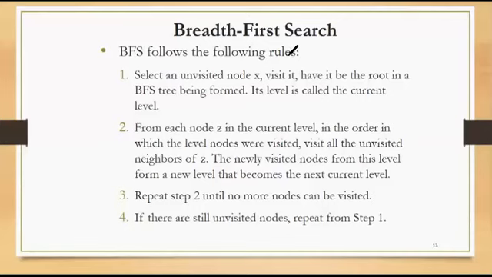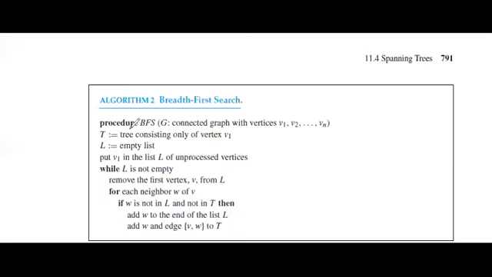So in the breadth first search, select an unvisited node. It is the current level. From that node, we have to take all the nodes which are not visited, which are adjacent to our vertex. Node is here vertex also, and you have to keep repeating the step. So the procedure is breadth first search.